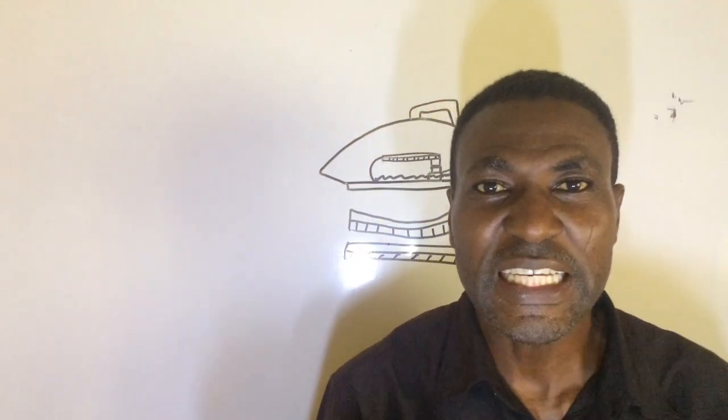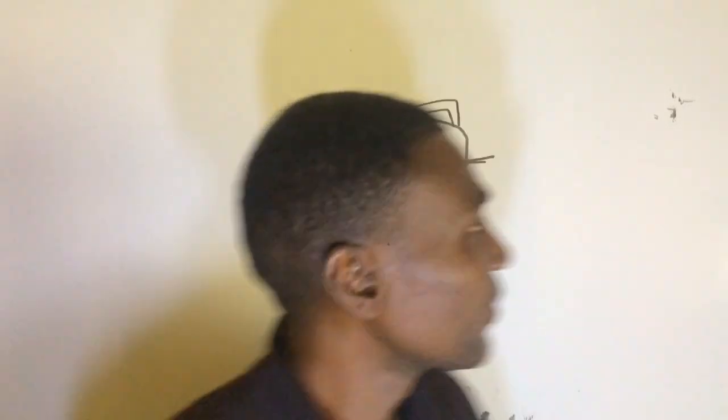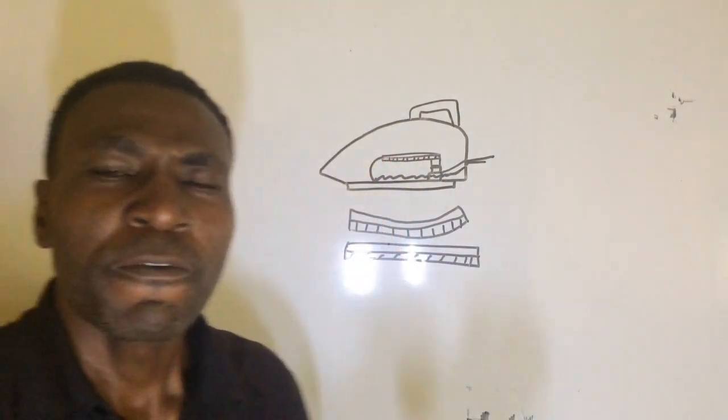Another place we apply this expansion is the iron we use at home, the iron the laundry uses in pressing clothes. In this iron, there is what we call a bimetallic strip.